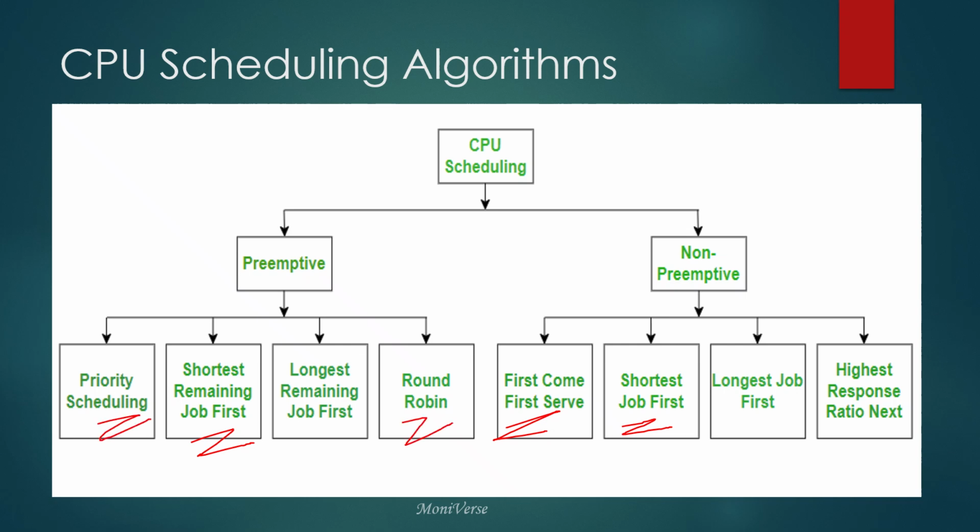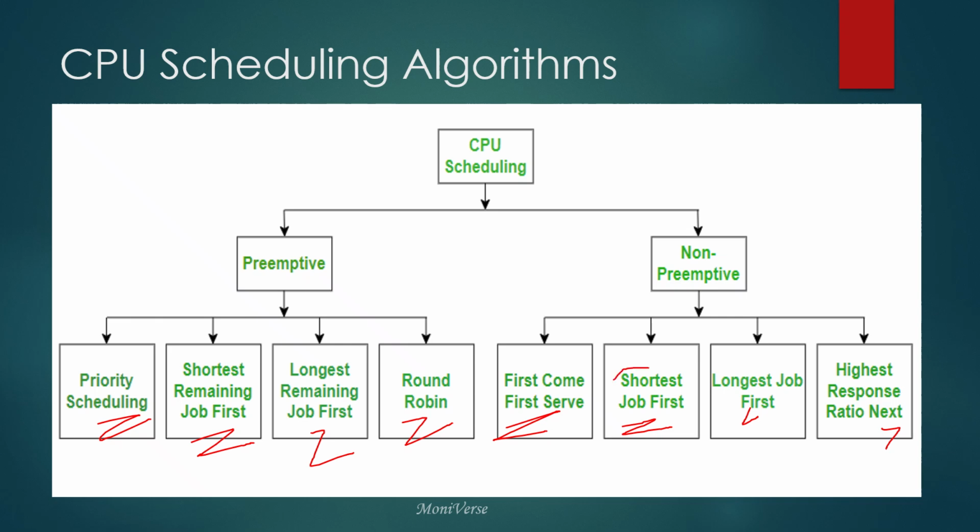So these are all basically the common algorithms we used to learn, and the others are longest remaining job first, longest job first, and highest response ratio next. So these algorithms will be categorized under preemptive and non-preemptive algorithm.